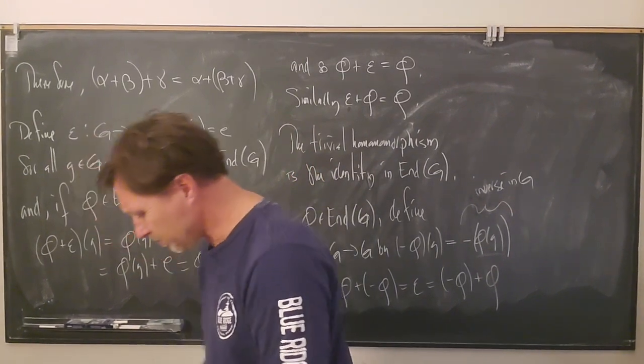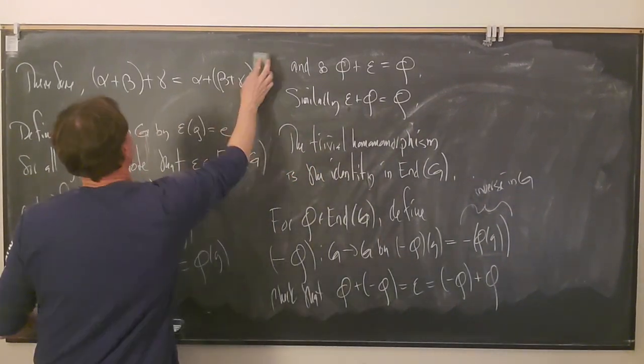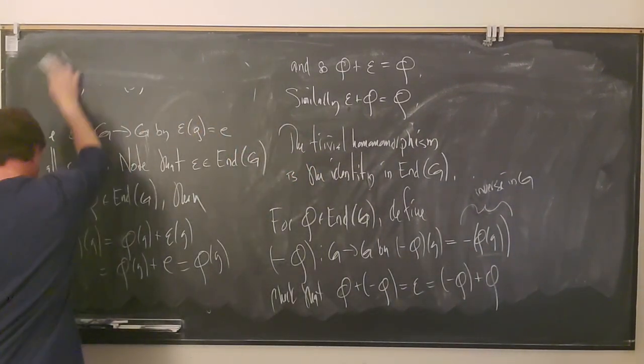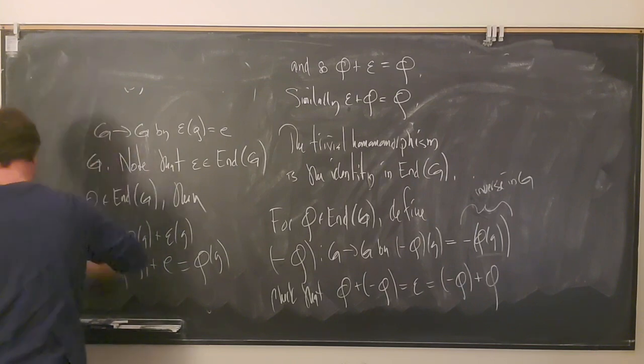And then the last thing: remember we need to show that End G with plus is an abelian group.